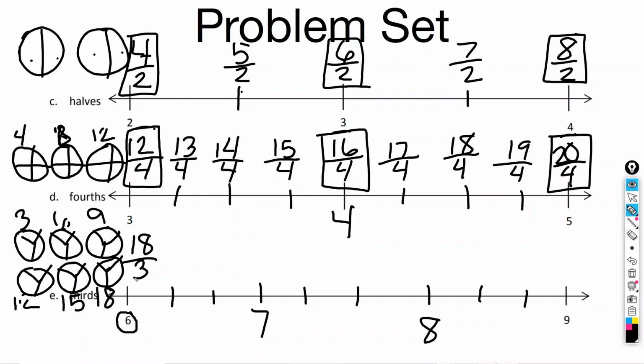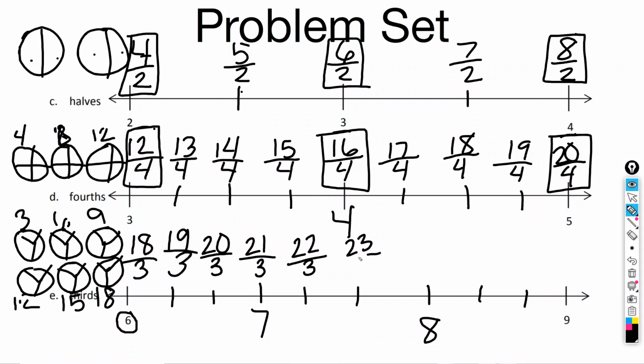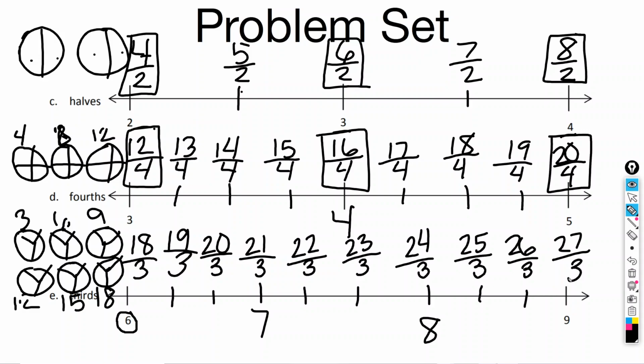And then I just keep counting. 18, 19 thirds, 20 thirds, 21 thirds, 22 thirds, 23 thirds, 24 thirds, 25 thirds, 26 thirds, 27 thirds. So I just keep counting up, and I'm just writing a fraction above every line that I drew.